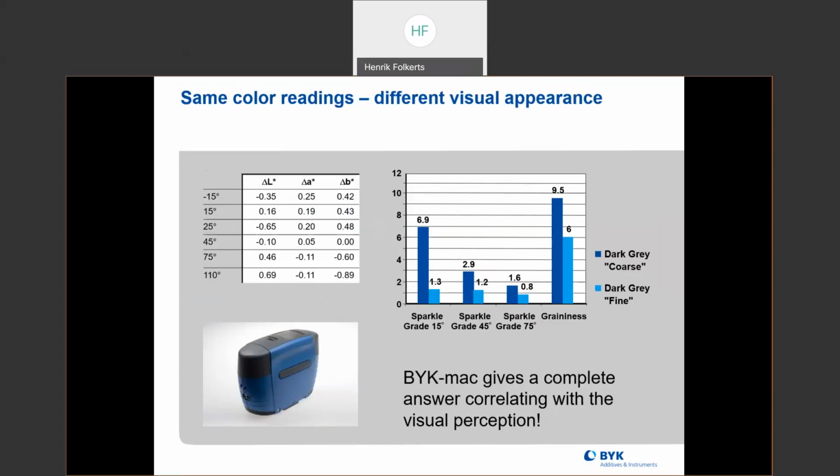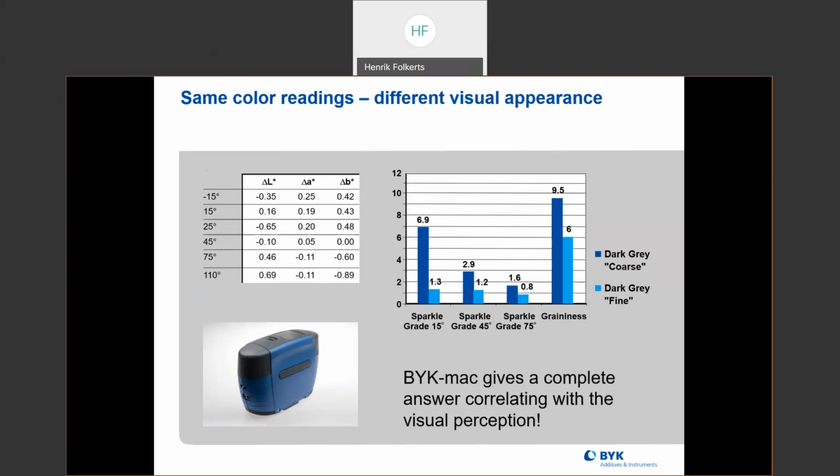So why is it important to combine all of these measurements into one? If we took these two samples that we measured for color only on the left, if you looked at all of those color angles, you'd say, I've probably got a pretty good match here. But the reality is these two samples look very, very different from one another. You can see that because in the 15-degree sparkle difference, you have almost 6 units of sparkle difference.